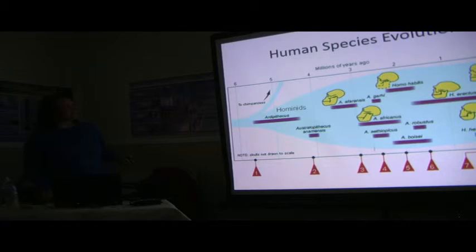From the first one, there were many other hominids evolving and developing at the same time. And by the way, they are, of course, all extinct now. Only we survived.